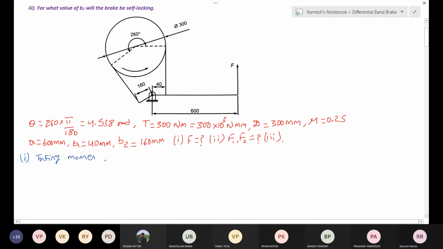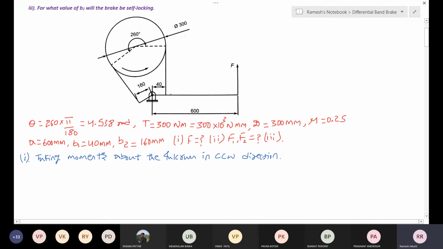Taking moments about the fulcrum, you can see that it is in counterclockwise direction. You see the figure. Counterclockwise, I will take it as positive. Clockwise, I will take it as negative.